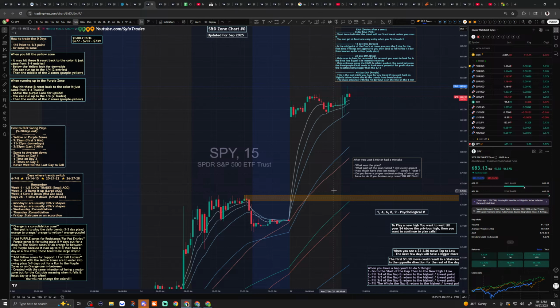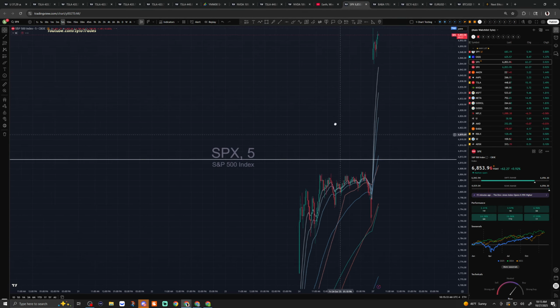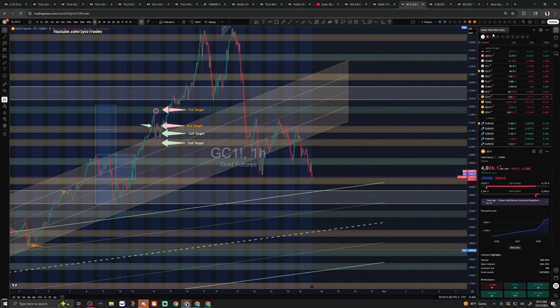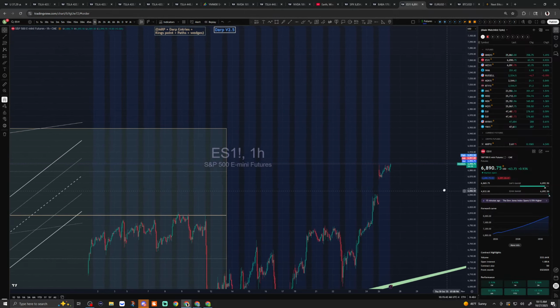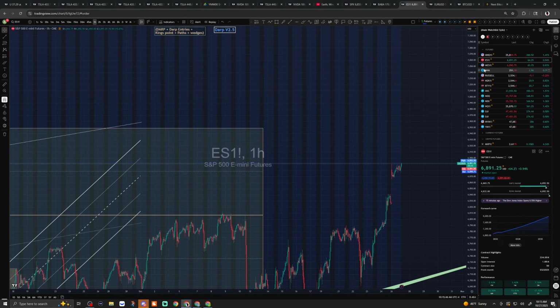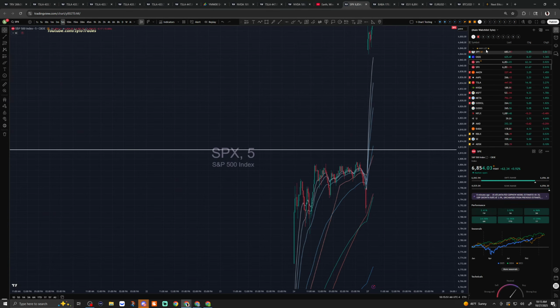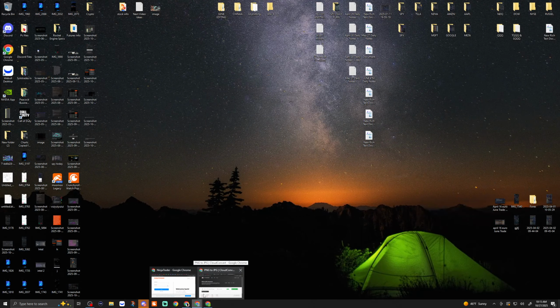Let me see if I can scoop up some event contracts here. Where's SPX again? It goes off of SPX, by the way. That's why I keep looking at it. All right, this SPX chart, what is wrong with it? Oh, it's because I'm not looking at it here. I got you guys. Give me 1 second. SPX. Oh, no, because it's SPX. It's not ES. So I can't do that there. Where's my SPX charts? I think I have one here.